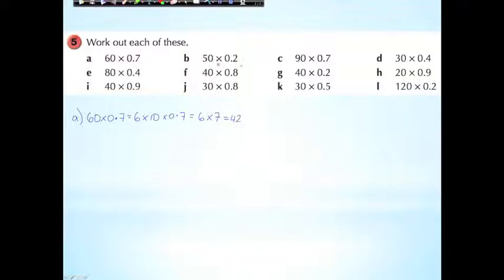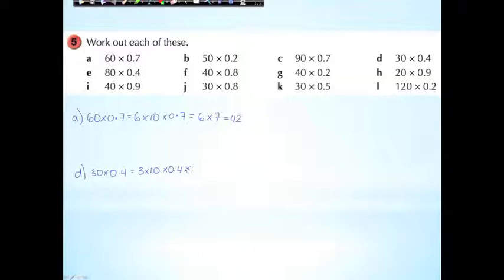So you're going to go through and do the same thing with each of these. Press pause, and then I'll go through a couple of the answers when you're ready. Okay, so let's just go through a couple of them. If we try D, 30 times 0.4, so 3 times 10 gives me the 30, and that's multiplied by 0.4.